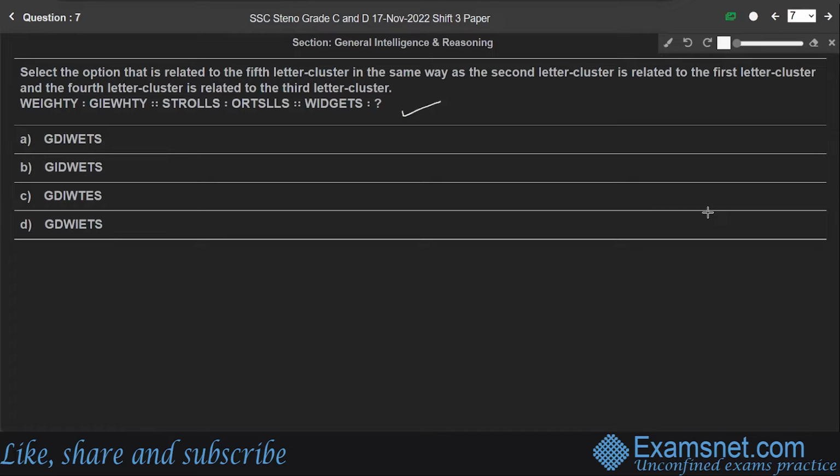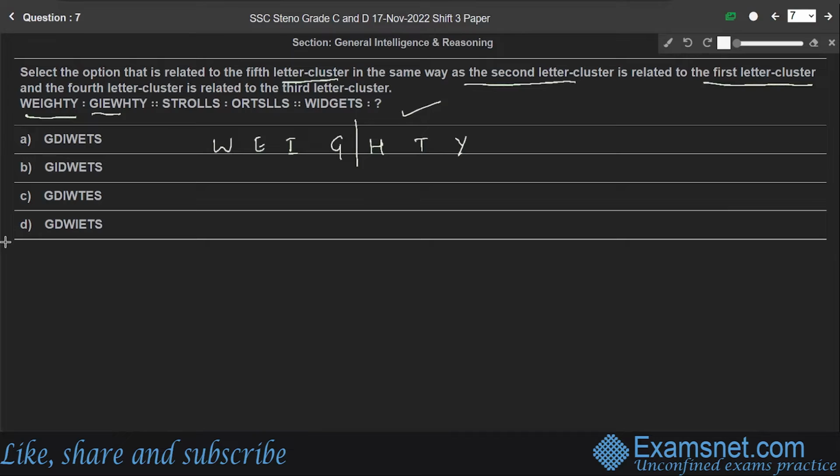Question 7. Select the option that is related to the fifth letter cluster in the same way as the second letter cluster is related to the first letter cluster and the fourth letter cluster is related to the third letter cluster, right? So the first word is weighty. Weighty is coded as GIEW, right?